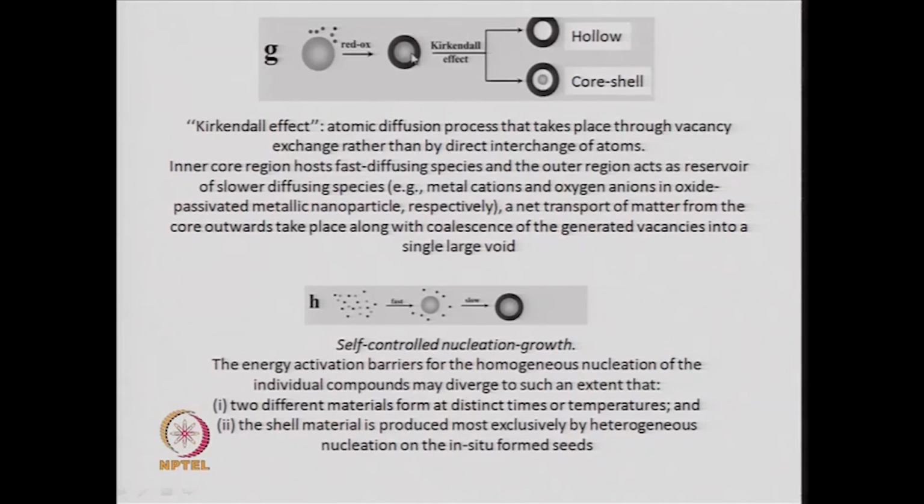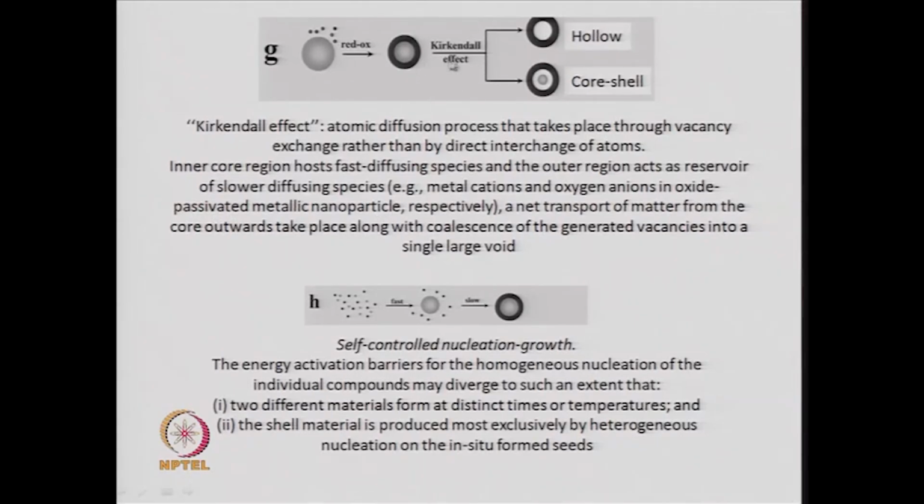So, there is a vacancy exchange. Once this core-shell is formed, there are fast diffusing species in the inner core, and the outer region acts as a reservoir of slow diffusing species, for example metal cations and oxygen anions in oxide-passivated metallic nanoparticles.